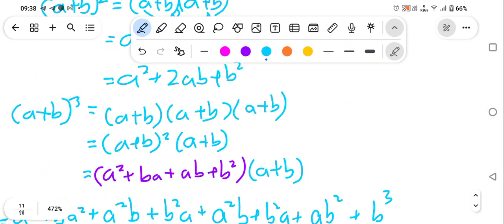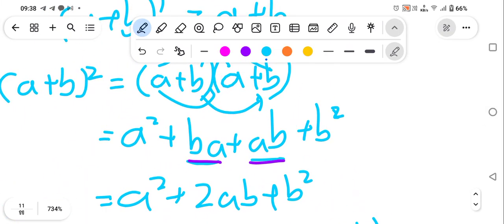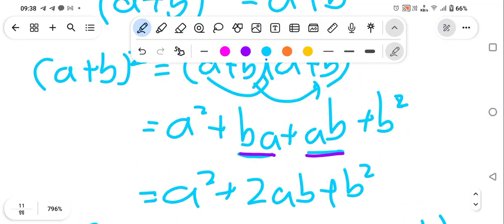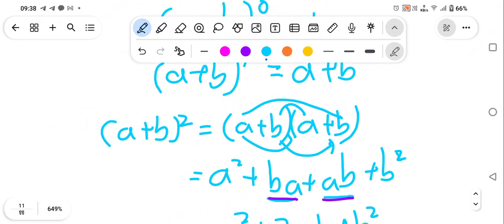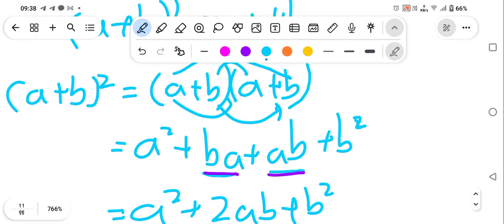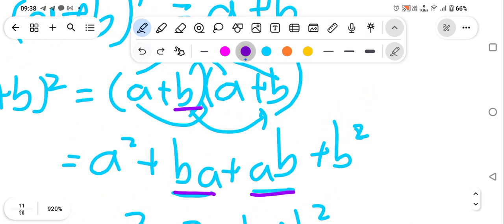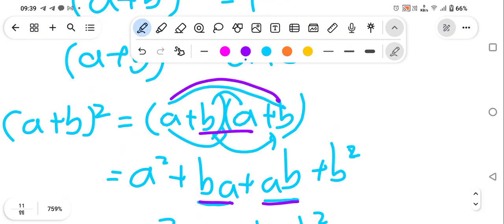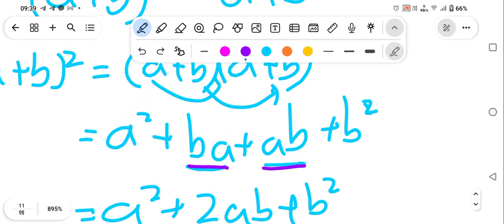So why actually? Well, if you notice from the a plus b squared, what we did is we multiplied the b times a and a times b. They may look the same, but theoretically they are multiplied in a different order.